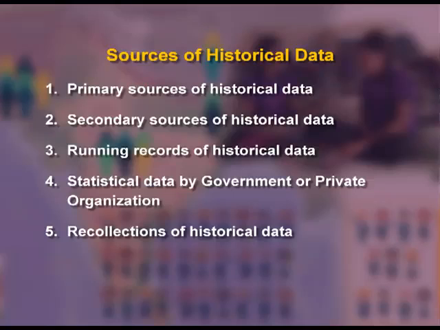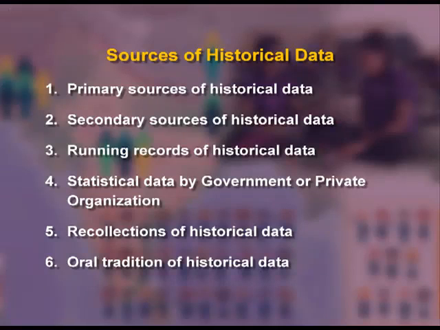Data can be collected from survey reports developed by different government or private organizations, census reports, etc., in accordance with the need. Fifth, recollection of historical data. Recollections are the act of collecting something which was collected once upon a time by someone.